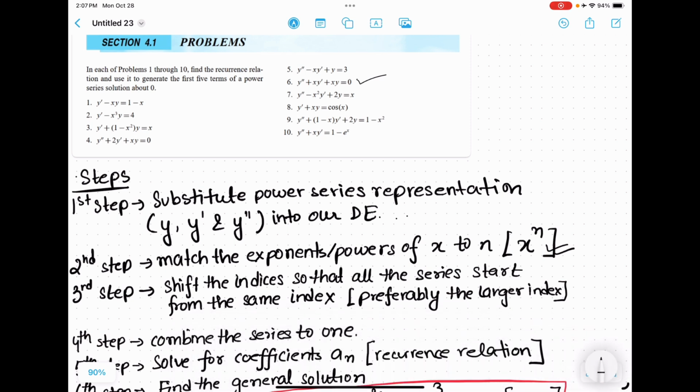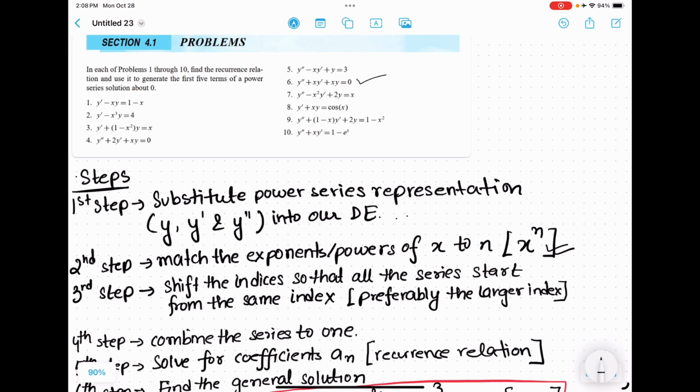Now, again, before we dive into the solution, let's quickly revisit the steps. Our first step was to substitute our power series representation y, y prime, and y double prime into our differential equation. Then we match the exponents or the powers of x to n so that our x has the power n.